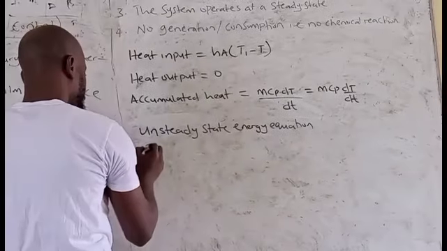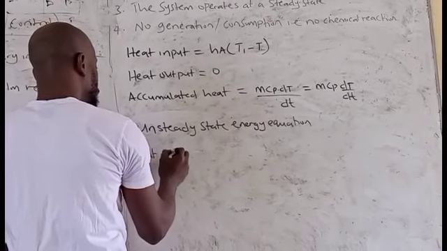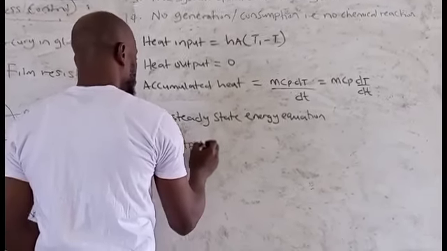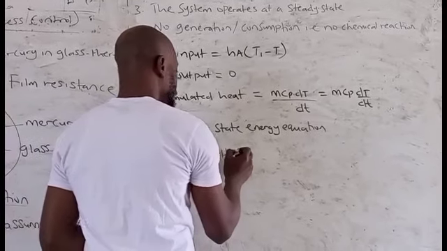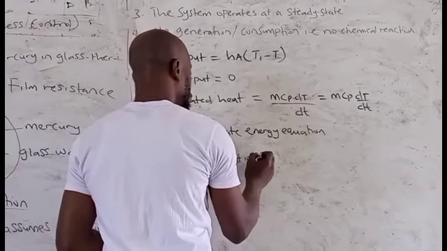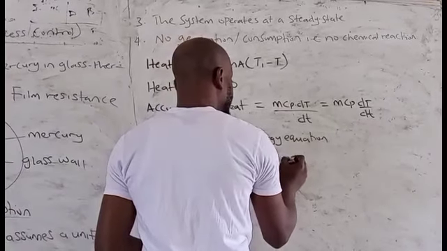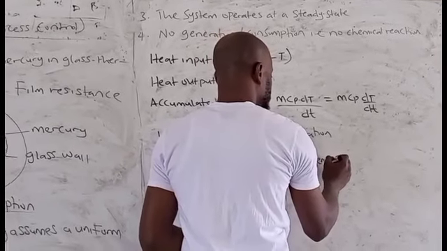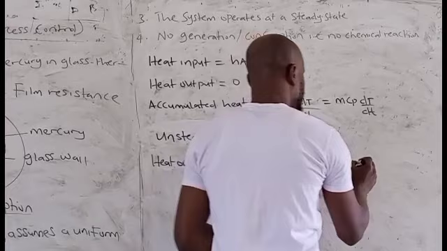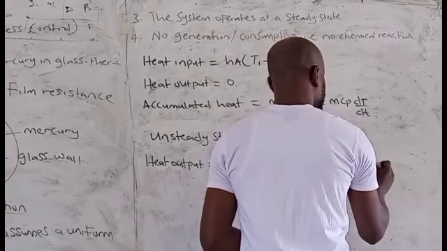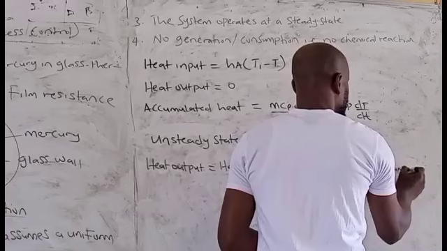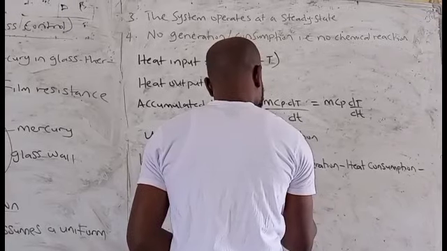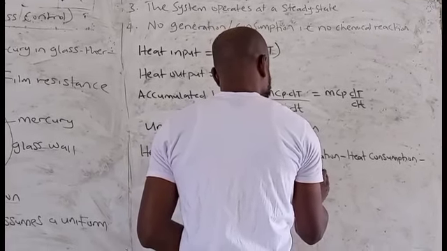It will now be heat output equals heat input plus heat generation minus heat consumption minus heat accumulation.